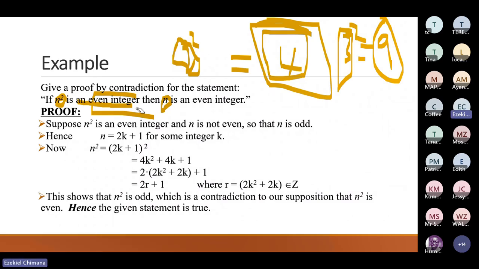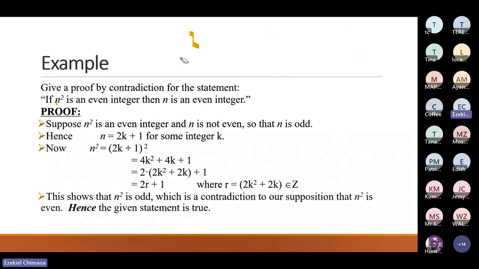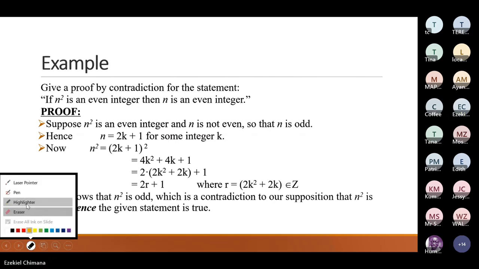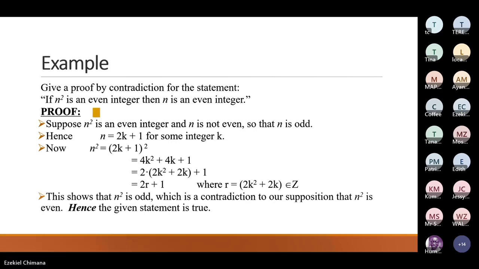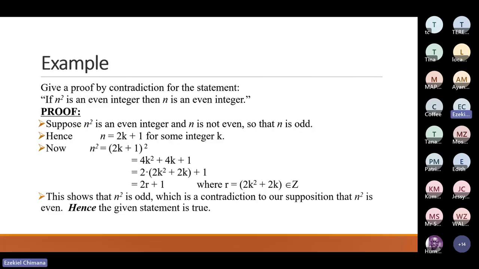So you are being asked to use the proof by contradiction. First, we said that you have to give a supposition. You have to suppose that the statement to be proved is false.